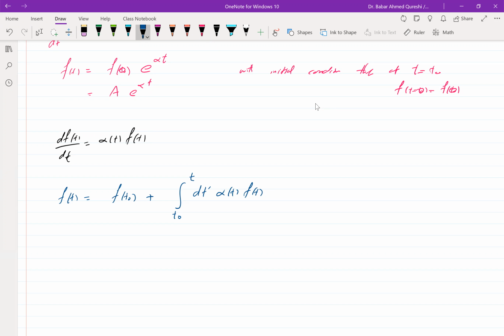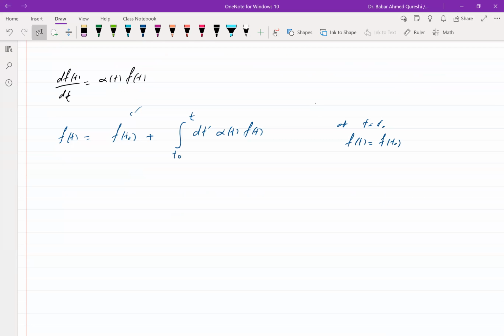And this has the boundary condition that at t equal to t naught, f of t is equal to f of t naught, because when I put t equal to t naught, this integral becomes 0. So this has the correct boundary condition if I assume that at t equal to t naught, f of t is f of t naught.